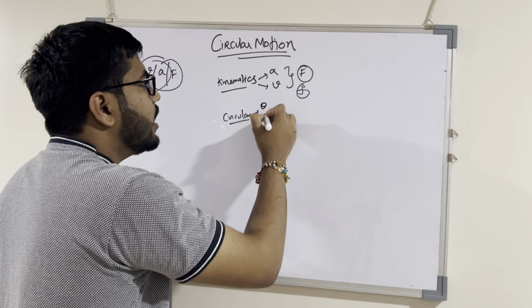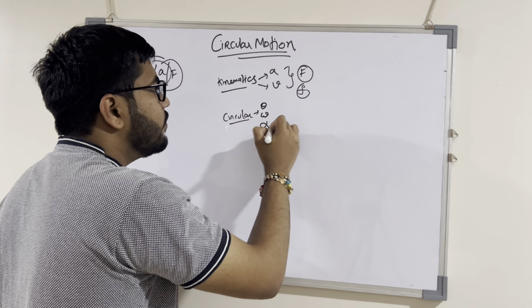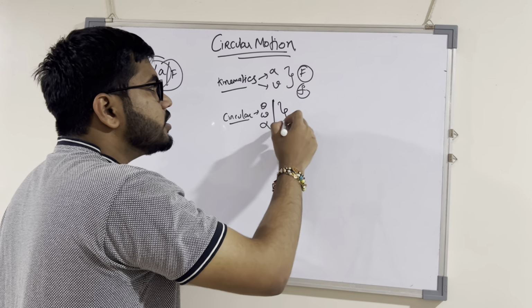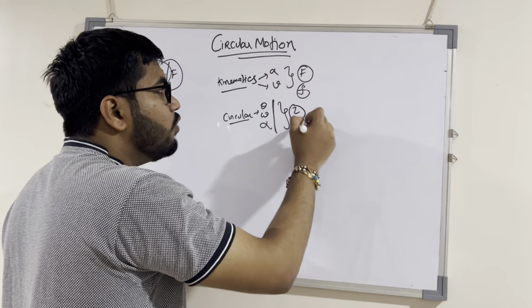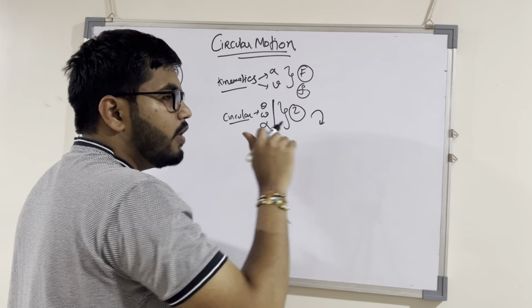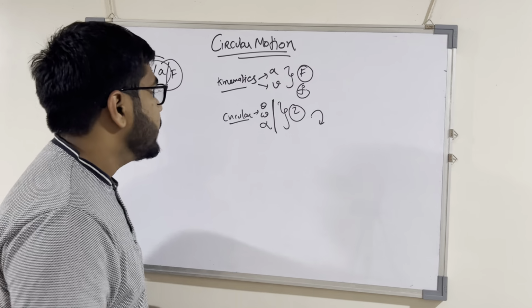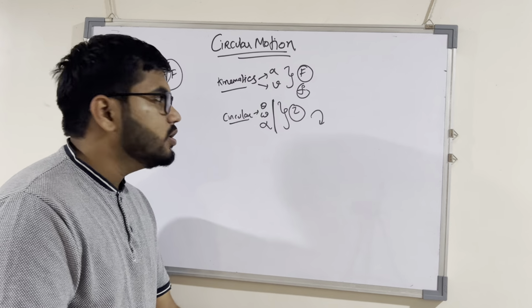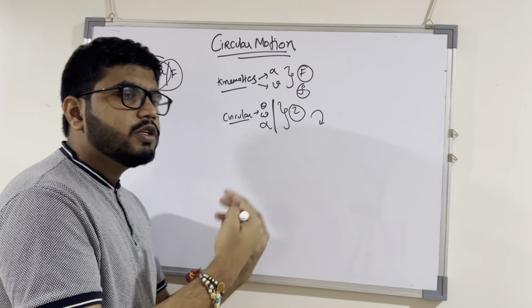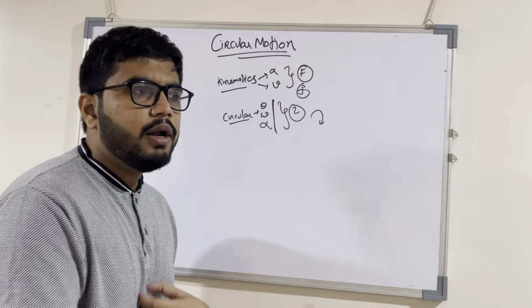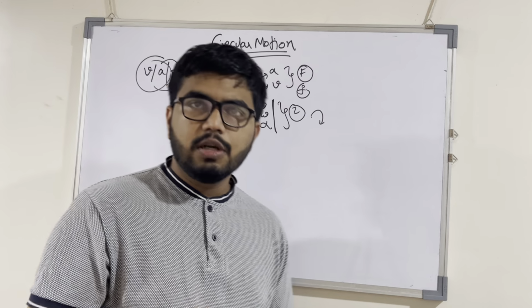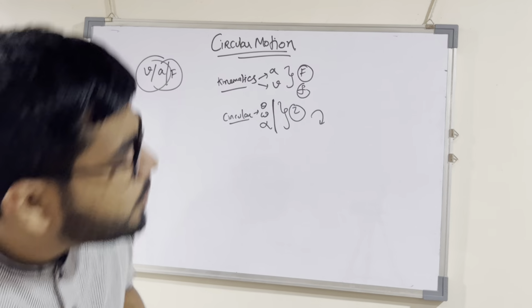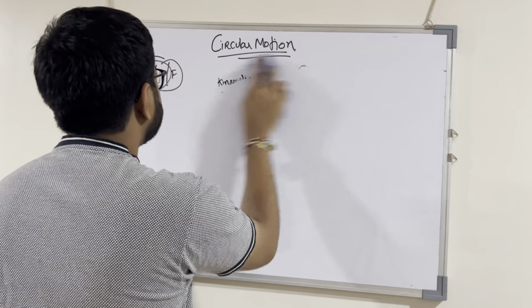There will be theta, there will be omega, there will be alpha. Using these, we will understand how torque works, how a rotating object works, and how it works when there is a rotational force. So understand it like this: kinematics is a prerequisite for force, and circular motion is a prerequisite for rotational motion, and it is required to understand rotational motion better. Try to relate things, it will help you grasp them better.